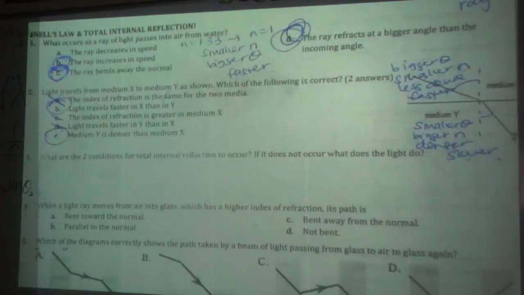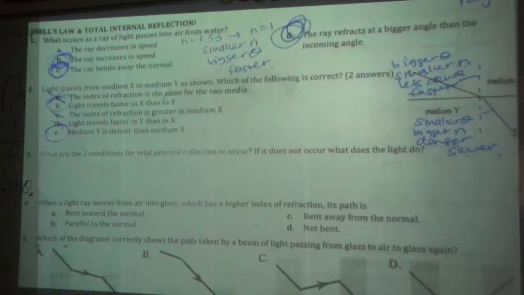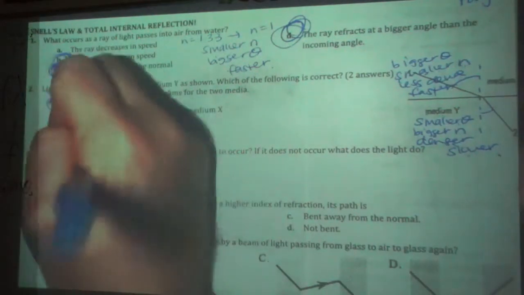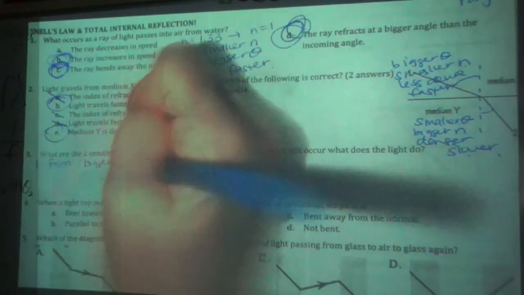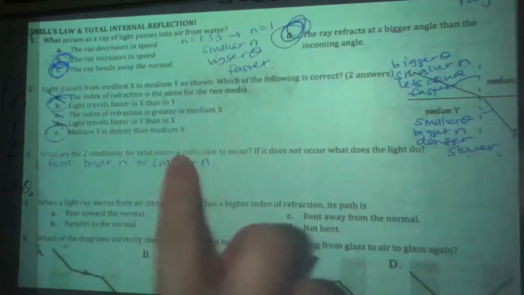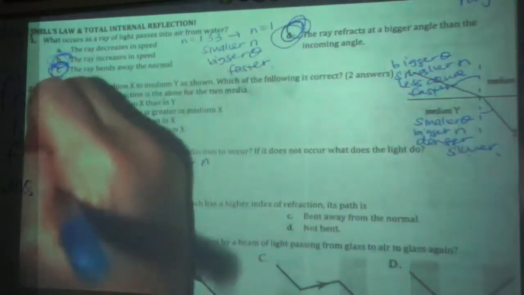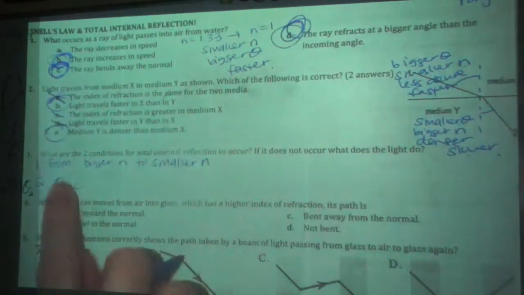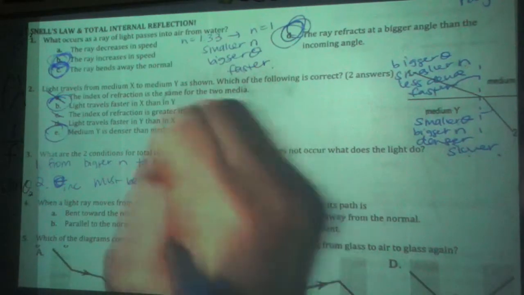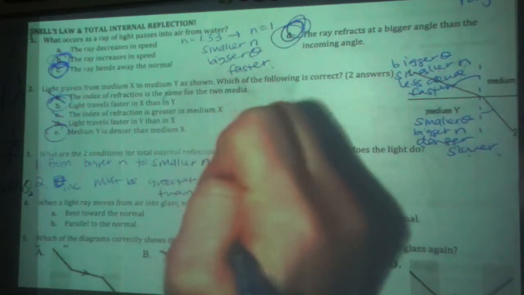What are the two conditions for total internal reflection to occur? First, you have to be going from a bigger n to a smaller n, like going from water into air, that would be an example. And second, your angle of incidence, theta, must be greater than the critical angle.